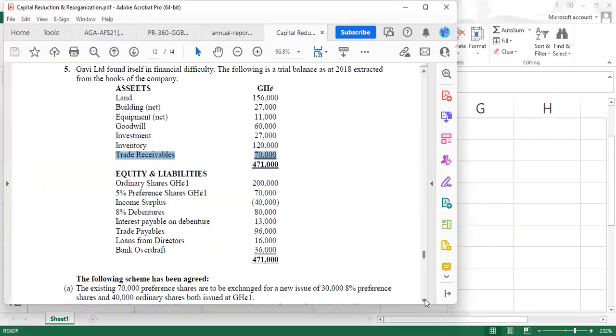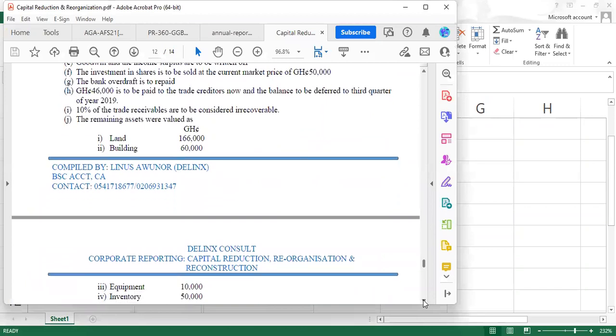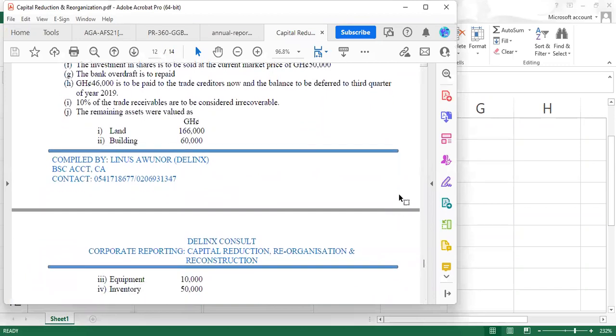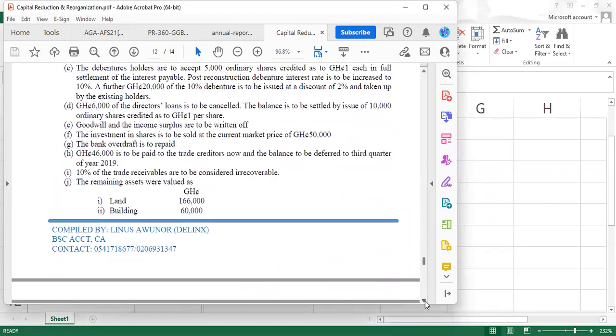The next one is what? This asset is equipment. Our equipment is 10,000.